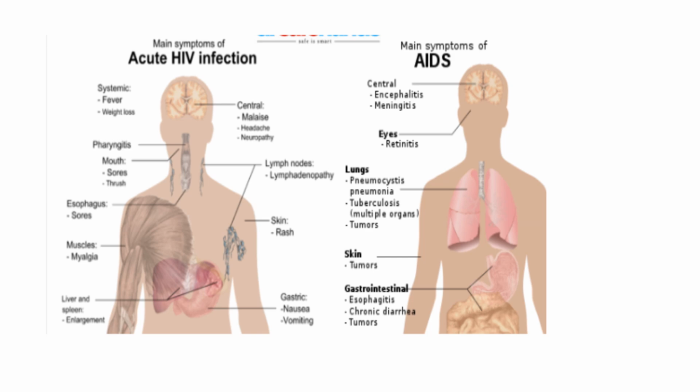Then there could be encephalitis, meningitis, that is the inflammation, retinitis, pneumocystitis, tuberculosis, tumor that develops in a much later stage, esophagitis, and chronic diarrhea. So you will see that slowly this HIV virus starts making your system very, very poor, and then because of that you develop all this illness.